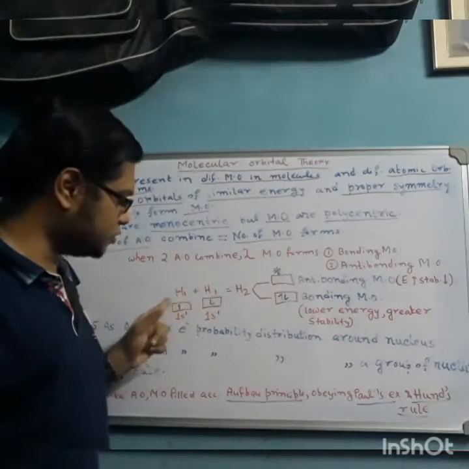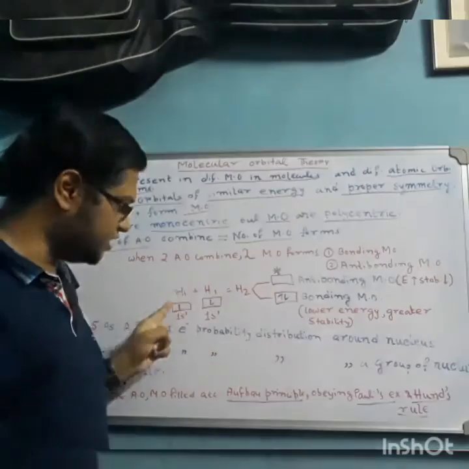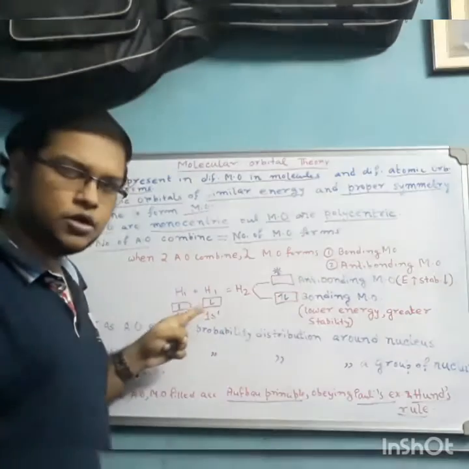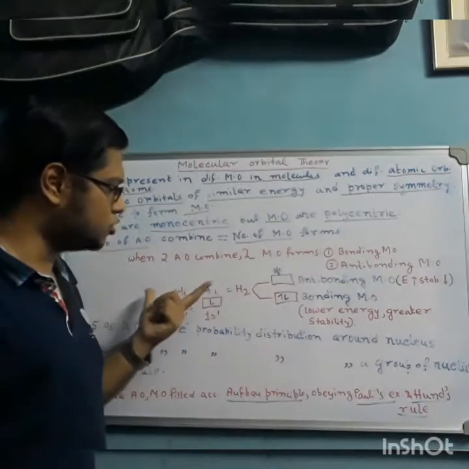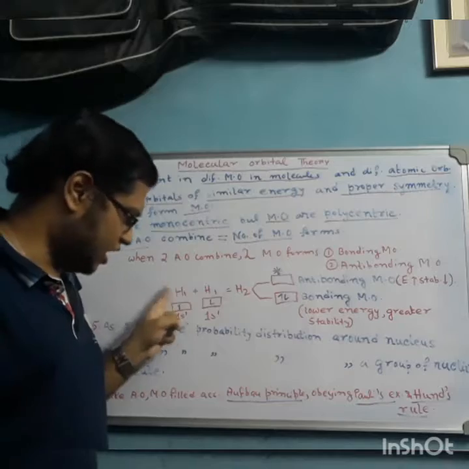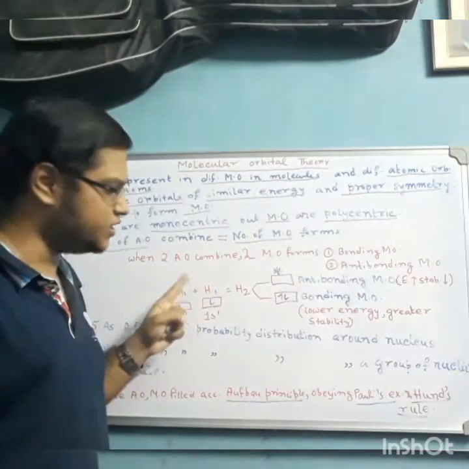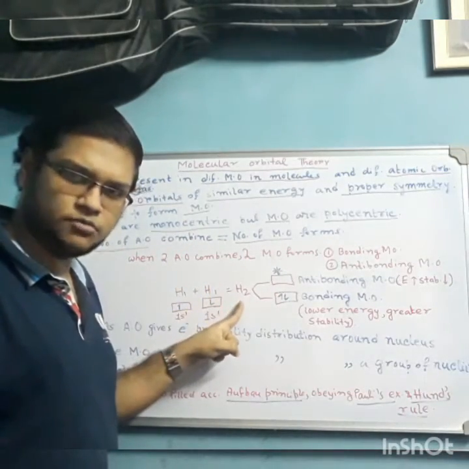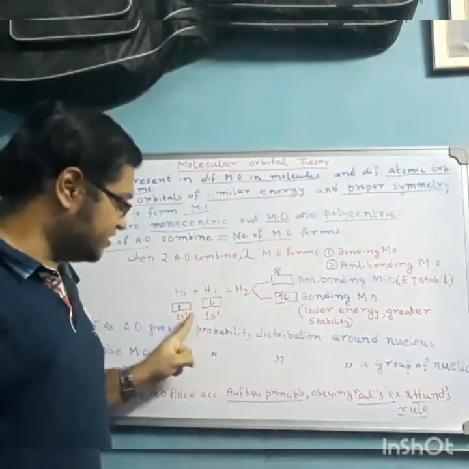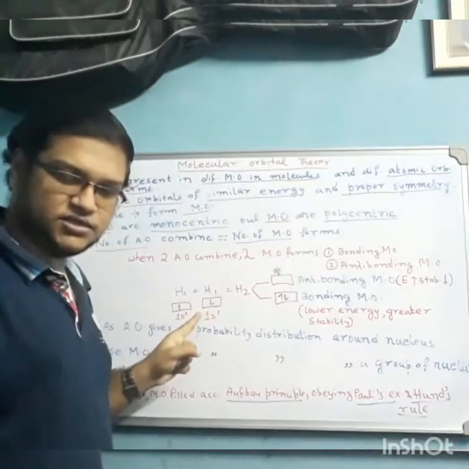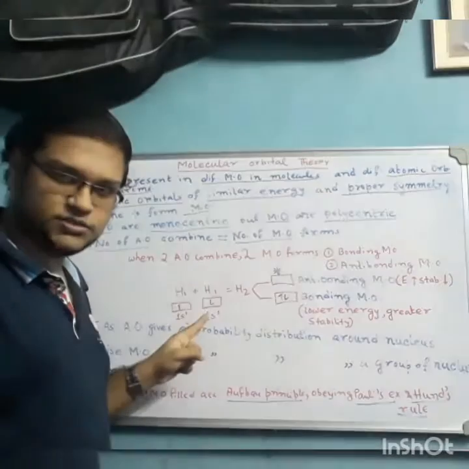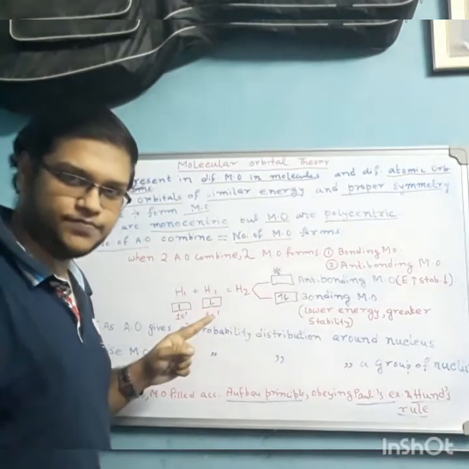That's why the 1s electron of one spin and the 1s electron of opposite spin are going to combine, and these two hydrogen atoms combine to form a hydrogen molecule, and these two atomic orbitals, 1s and 1s, both are going to combine.